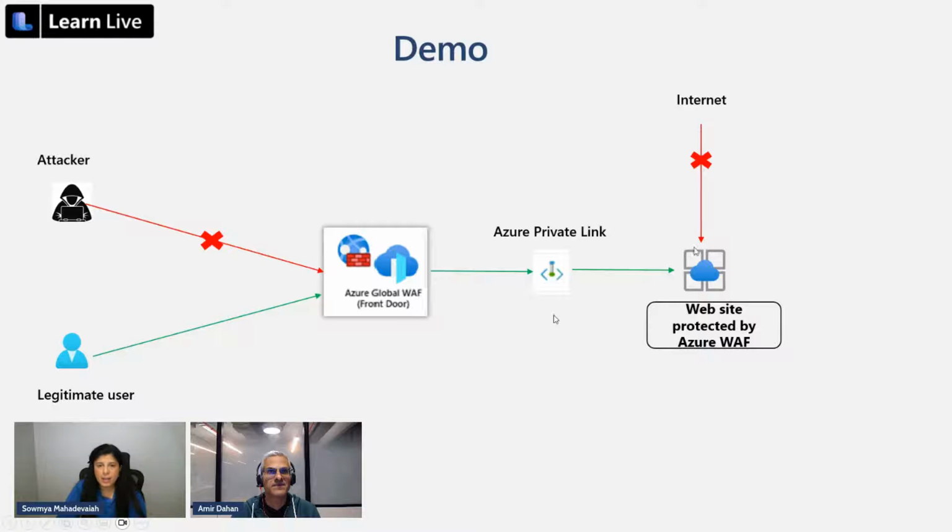In this case, the private endpoint is a website and that is only accessible through the front door, and it is not accessible through the internet. So by using the Azure WAF, which protects against web attacks, and the private link, which protects against internet attacks, you can have a very secure solution for your WAF. Now, let's see how this solution works.